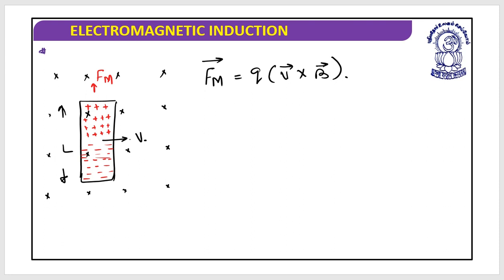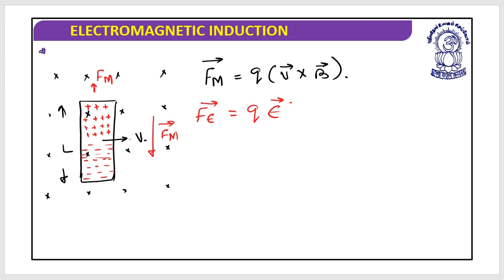All the positive charges would be accumulated on the upper side of the rod, and all the negative charges would accumulate in the lower end. One more force, an electric force, will exist on this, equal to q into E, acting in the negative y direction.